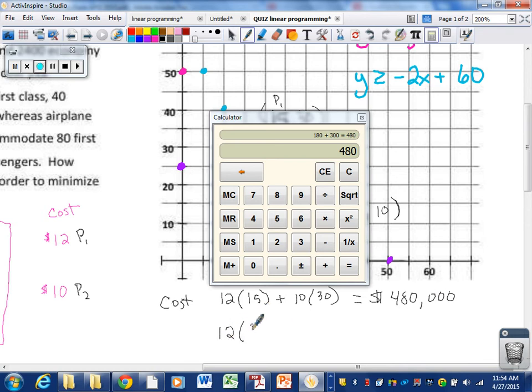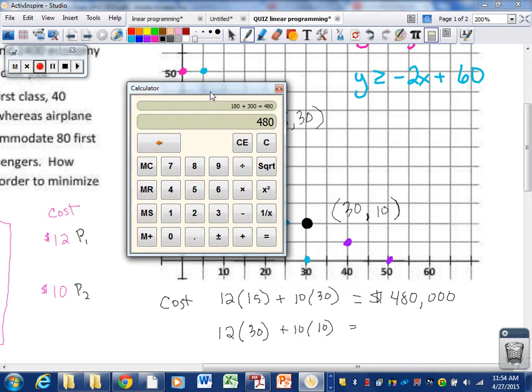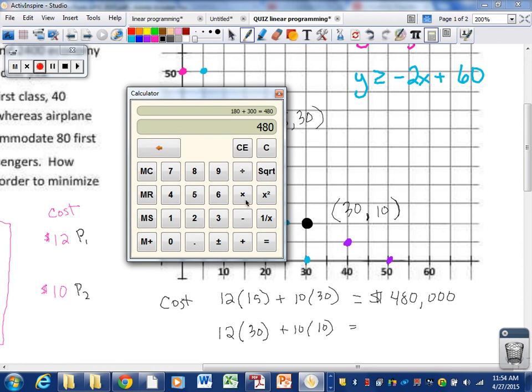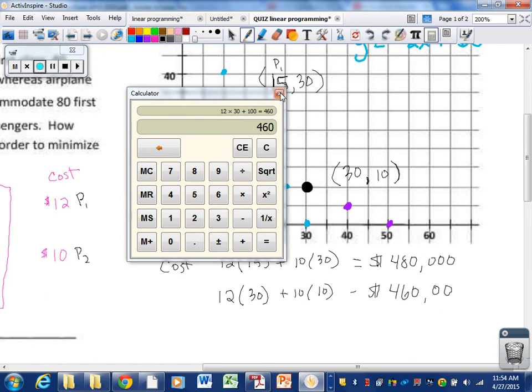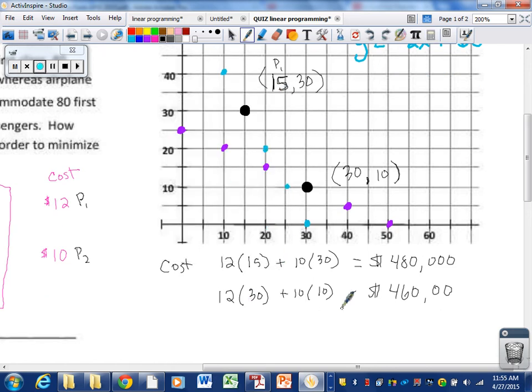So what if we used 30 plane 1s and 10 plane 2s? We're going to try this point now. 12 times 30 plus 10 times 10, which is 100, is 460. Because we want to minimize cost, we should probably use the second amount of airplanes.